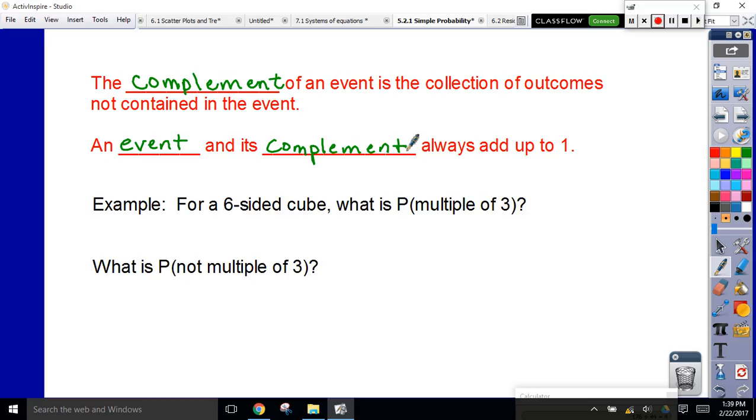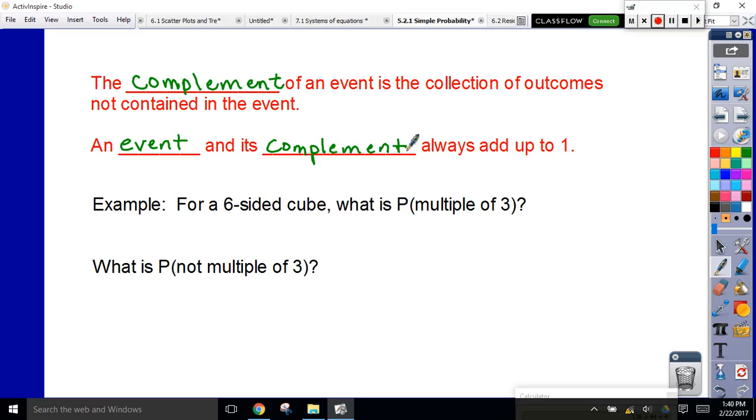If I were to say, what's the probability of getting an even number on a die? What would the complement of that be? No, I don't want to know what it is. What's its complement? What's the event that would be its complement?